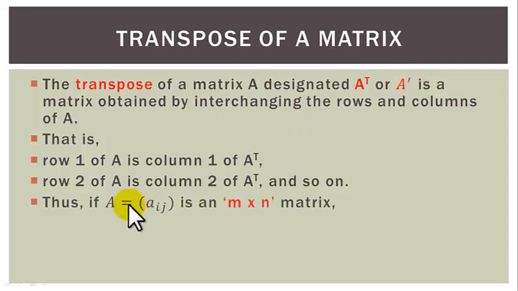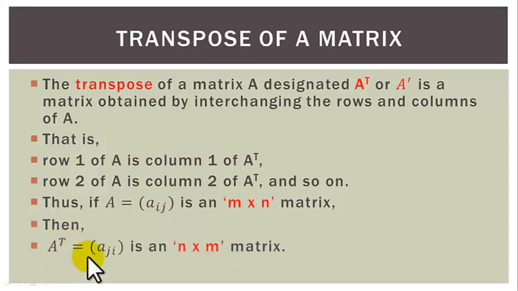Thus, if A equals, in brackets, Aij is an m by n matrix, then A transpose equals, in brackets, Aji is an n by m matrix. Notice that the rows and columns are interchanged in A transpose, so j now comes first before the i.